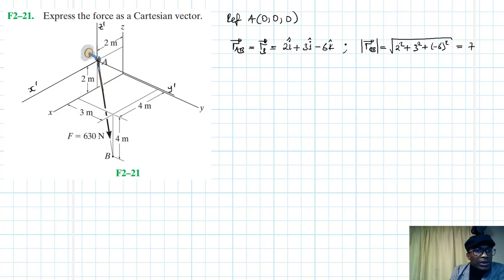We know that, let's start with the x component. We're going to have a component in this direction. Alright, and then we'll have another component in this direction. Okay, and then we'll have one component in this direction. Alright, let's label them.